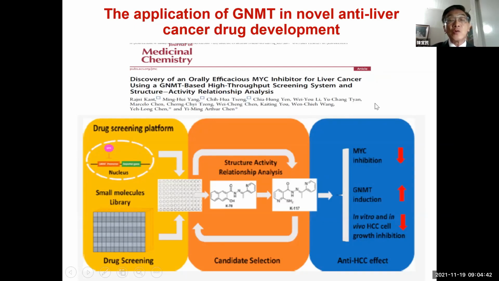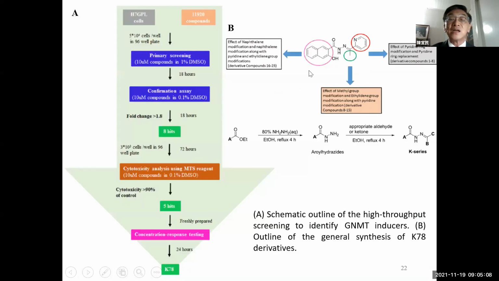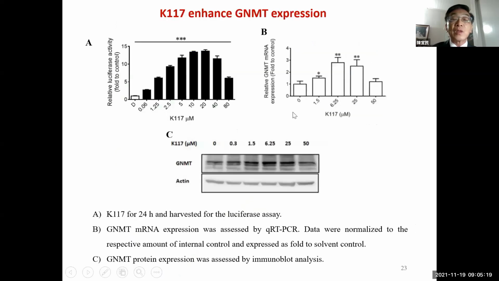We used the same drug screening platform and screened more than around 12,000 small molecule chemical compounds, and we identified a candidate, K78. Then we used structure-activity relationship analysis. This is K78, and we modified the functional groups of K78 at different positions, and eventually we identified K117.